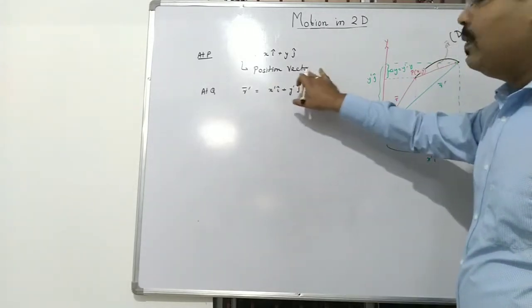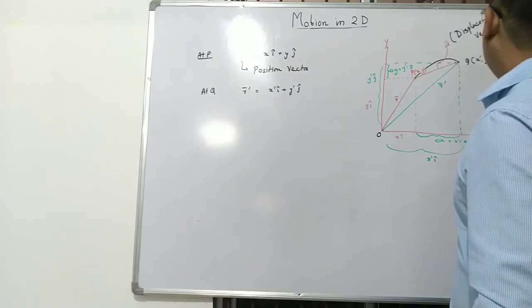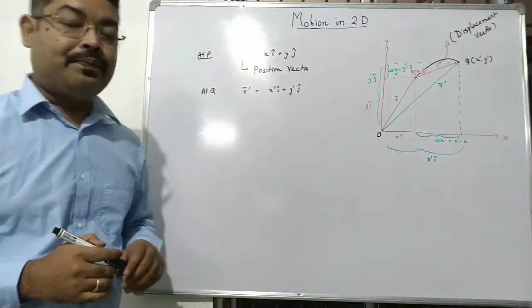The position is given by the position vector, the displacement is given by the displacement vector. The term vector is used to emphasize that these are vector quantities.